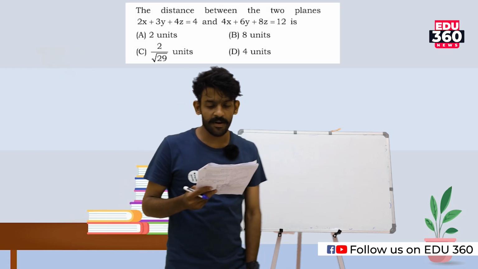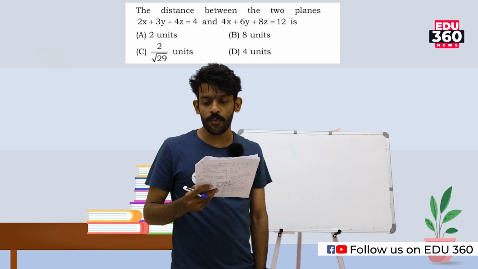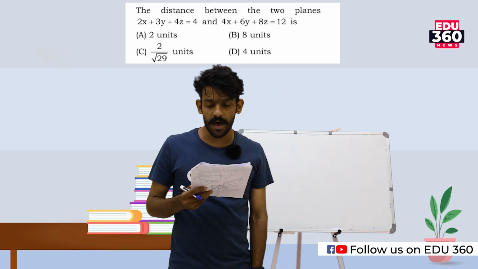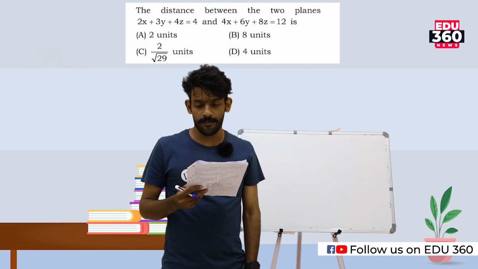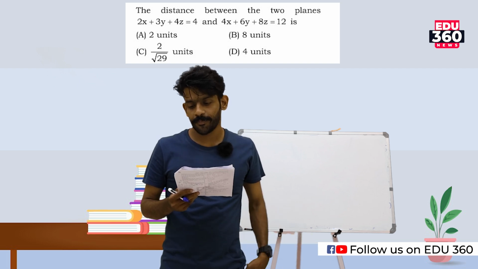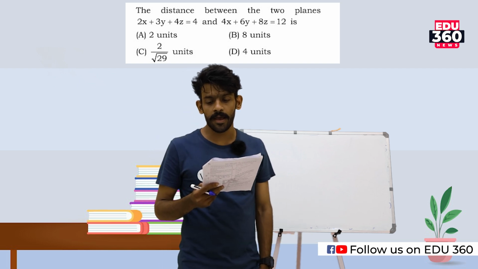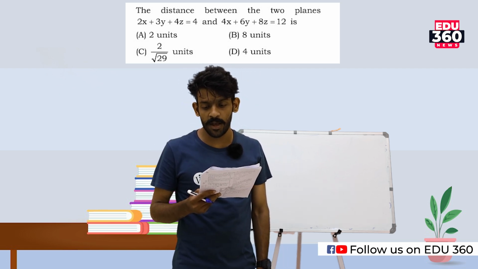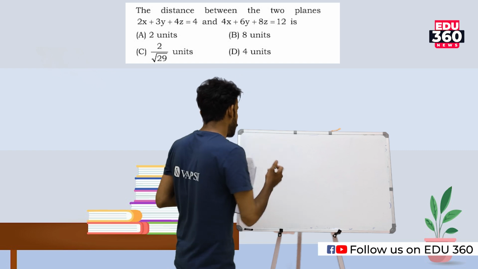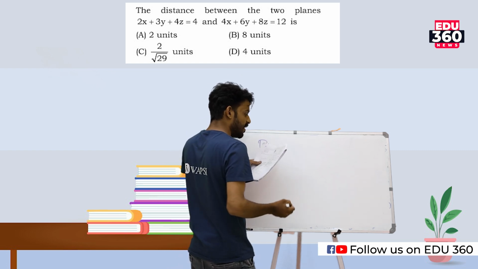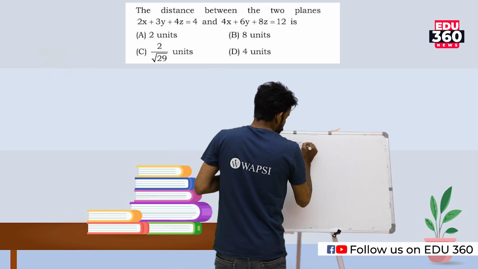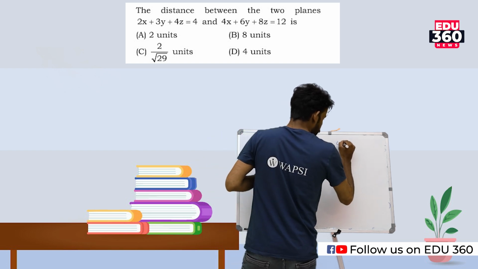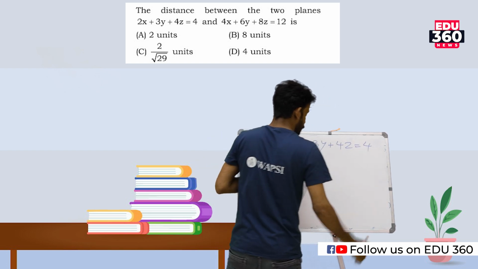The next question: find the distance between the two planes 2x plus 3y plus 4z is equal to 4, and 4x plus 6y plus 8z is equal to 12. The first plane P1 is 2x plus 3y plus 4z is equal to 4.